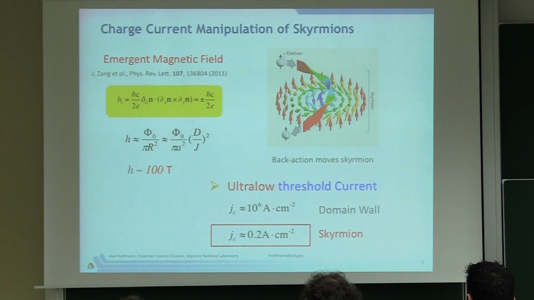And this is what initially got people very excited, that you can move skyrmions with very low currents. If you look at these bulk materials where you have crystals of skyrmions, it turns out that you can move skyrmions with current densities that are 6 to 7 orders of magnitude lower than what you typically know for using a domain wall. Now, these may not be the newest numbers, but close enough.